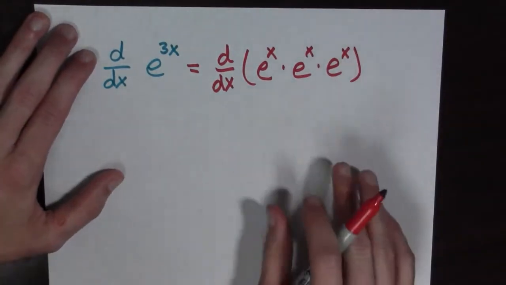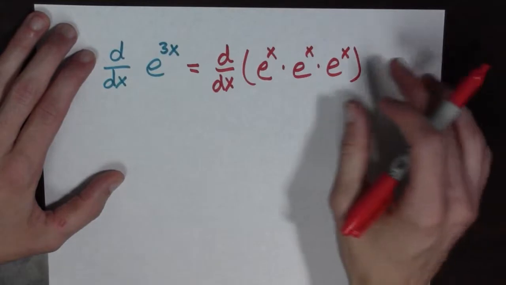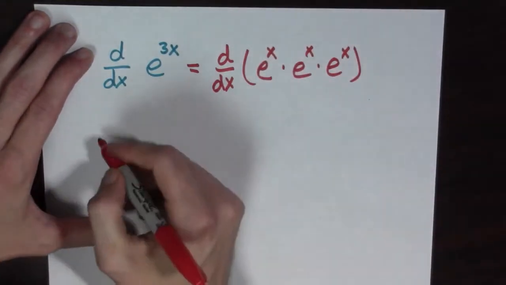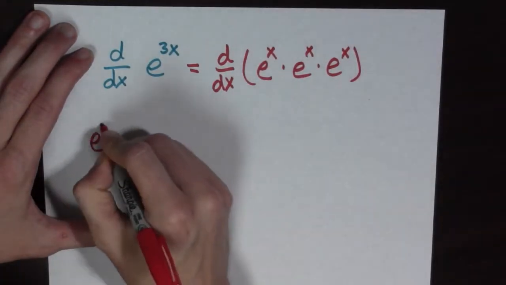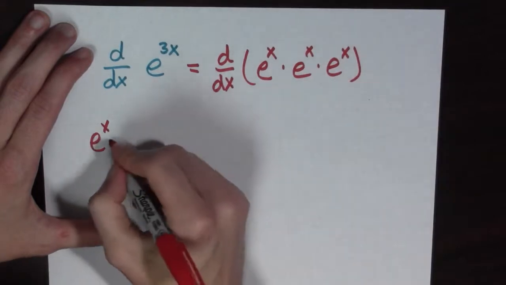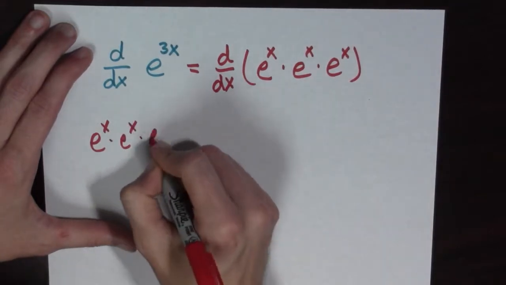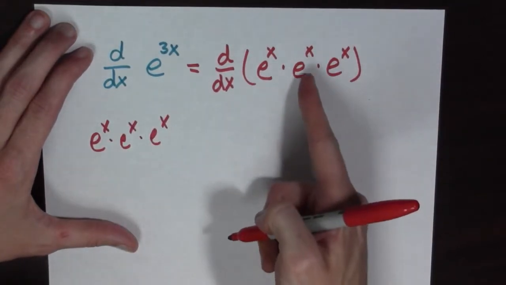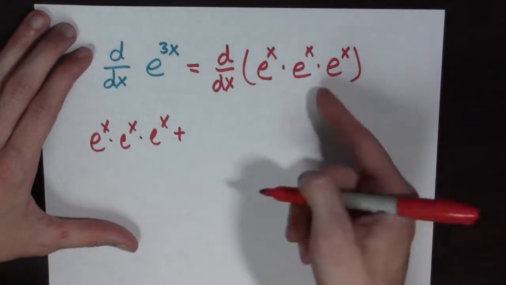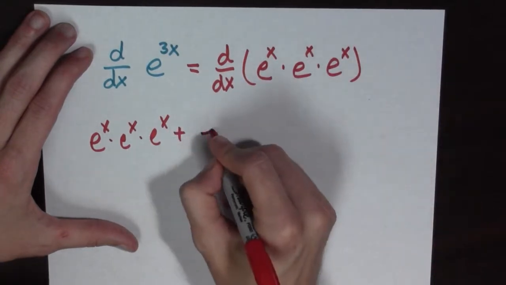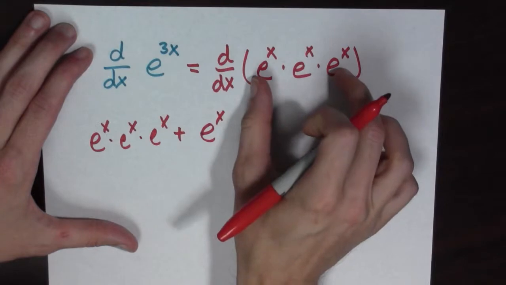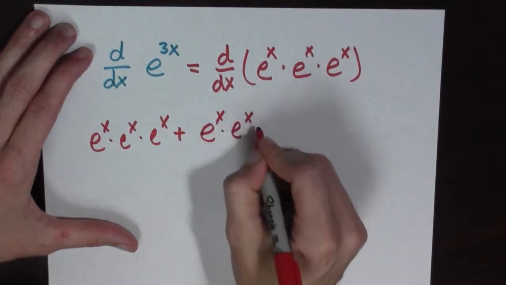Now we have 3 functions, but when you use the product rule for 3 functions, you just take the derivative of the first. What's the derivative of e to the x? It's e to the x, and then you multiply it by the rest, times e to the x times e to the x. And now you take the derivative of the middle factor. The derivative of the middle factor is e to the x, and you multiply it by these two. Well, that's just e to the x again.